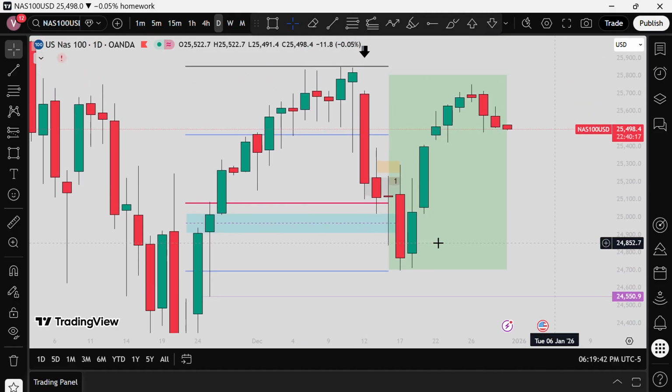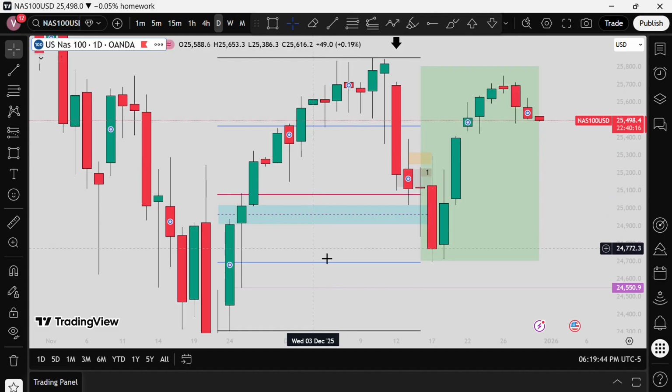Now, tell me what would be the very first draw on liquidity. As you can see, after the equilibrium, we have this fair value gap here. It's a buy side imbalance, sell side inefficiency. I guess I've said that right.